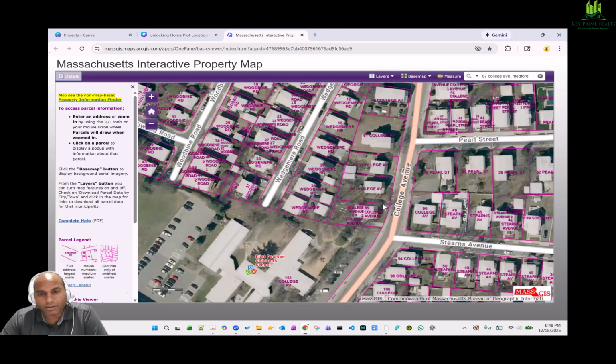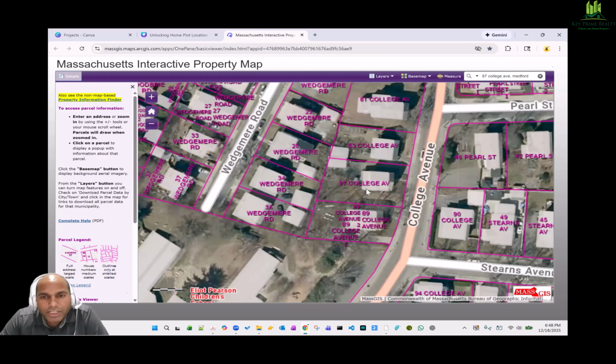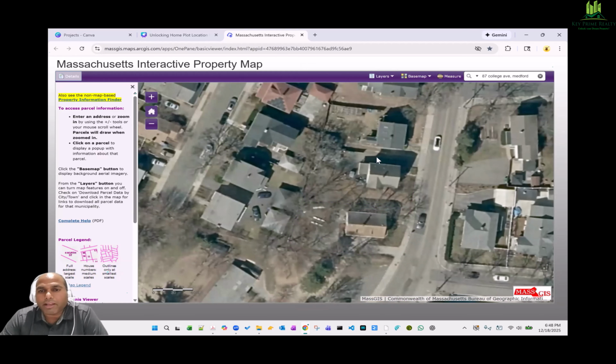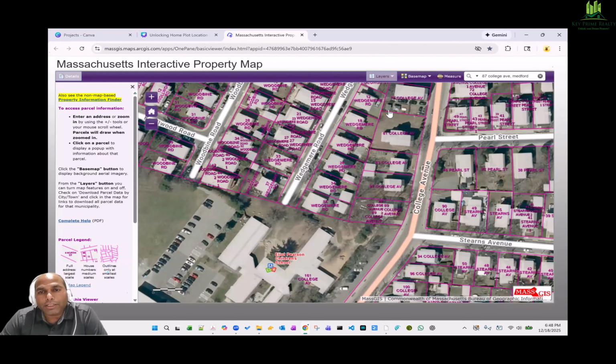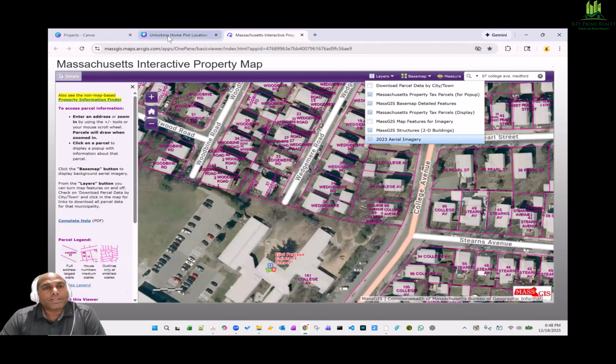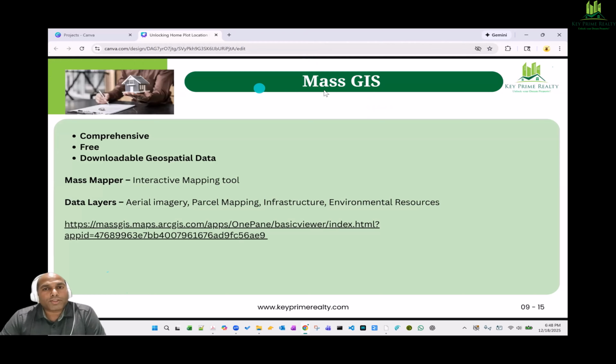So you can see exactly where the trees are, where the driveways are, where the building is. This is a real picture from the top. So you can just add those overlays. So that's the Massachusetts GIS map for the entire state. By the way, it's pretty impressive how they managed to map all the parcels in the state.